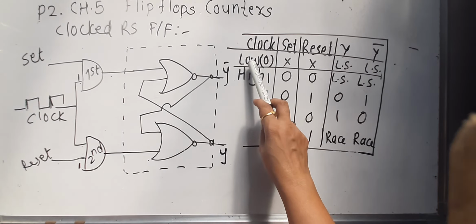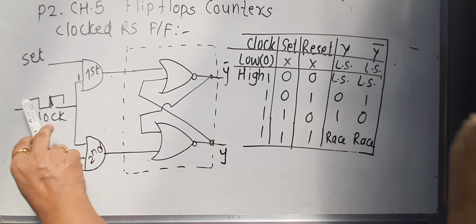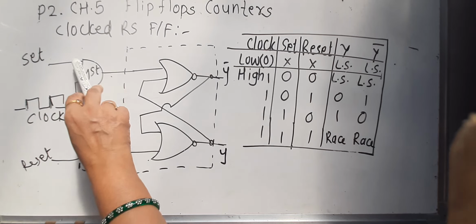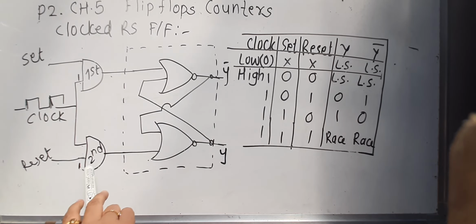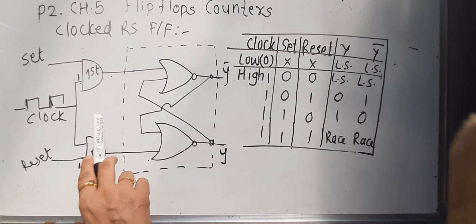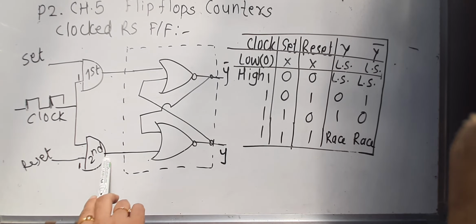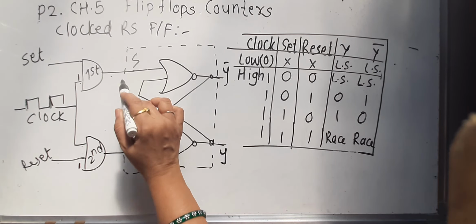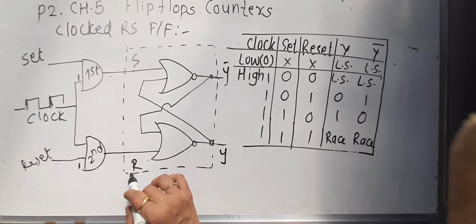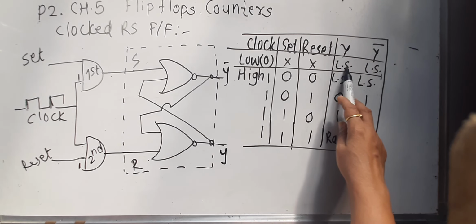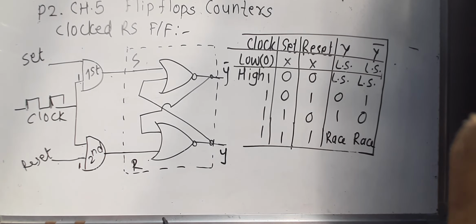Now see, when clock is low, what happens? Whatever be the set and reset, as these are AND gates, the output will be 0 0. And if outputs are 0 0, then here internal S and R will get 0 0, and we know when 0 0 is there, then output remains in last state.